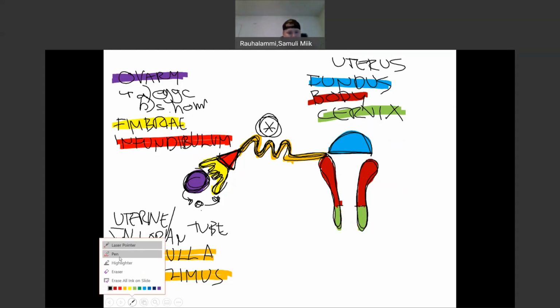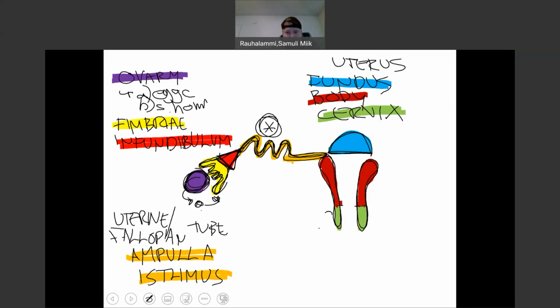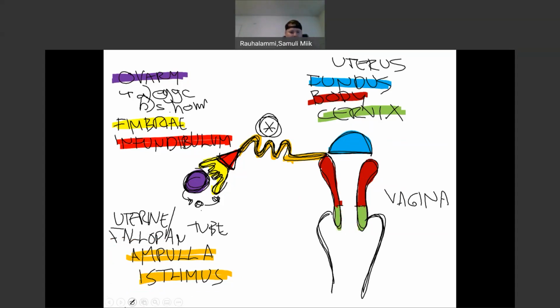And the final structure that I'm going to add in here is going to be our vagina. We're of course going to have the vulva and perineum, the more external genitalia, but like I said, I'll leave that for you to study more independently. But what you'll notice is that the cervix partially extends into the vagina.